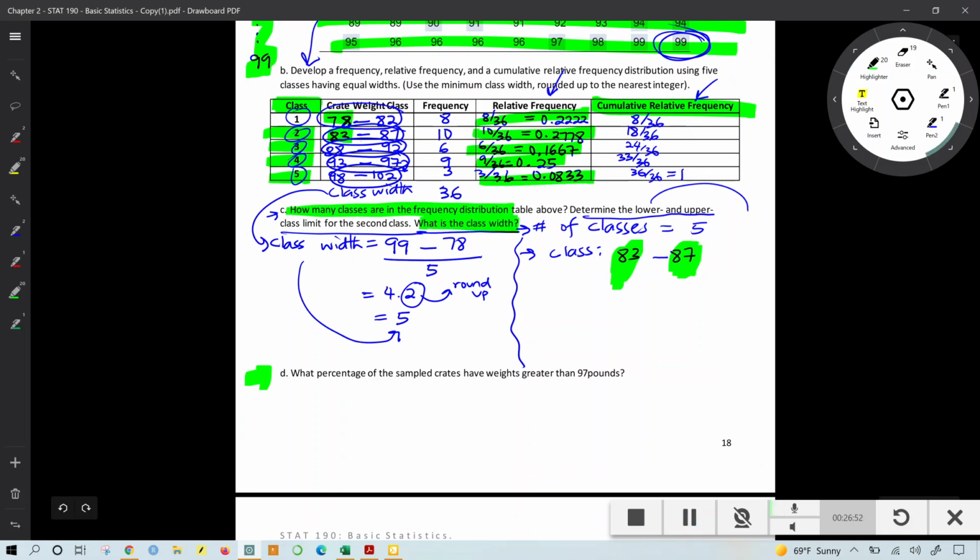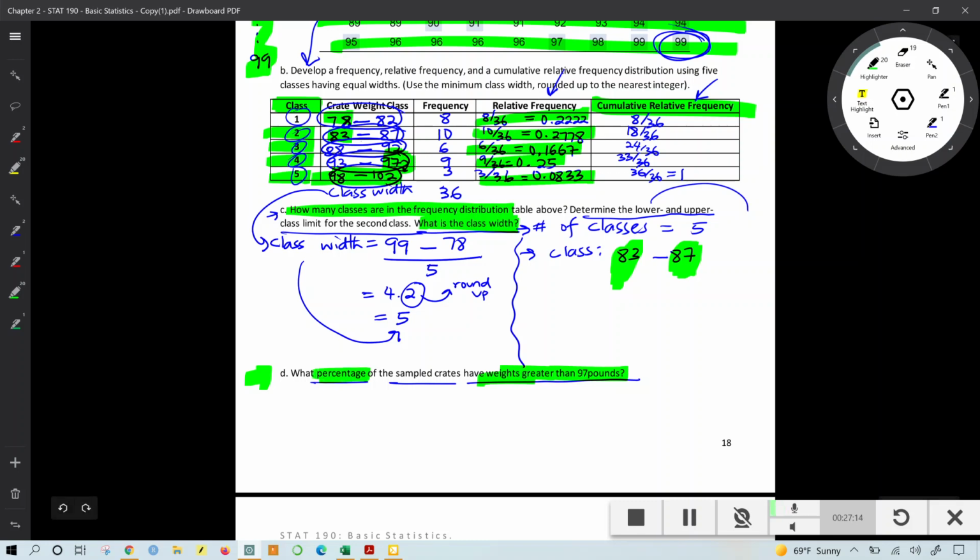Here, we are asked, what percent of the sampled crates have weights greater than 97? As you might observe, 97 is right here. And so, we are only interested in weights greater than 97. That would be the last class right there.